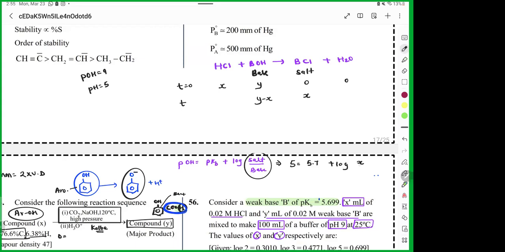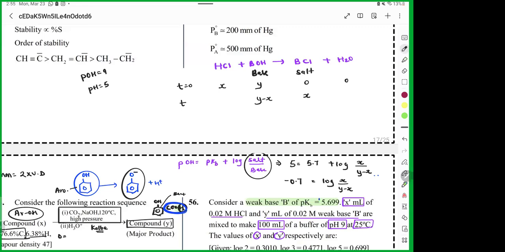Salt is X by base Y minus X. 5.7 will go to the other side and it will become minus 0.7 is equal to log X by Y minus X.